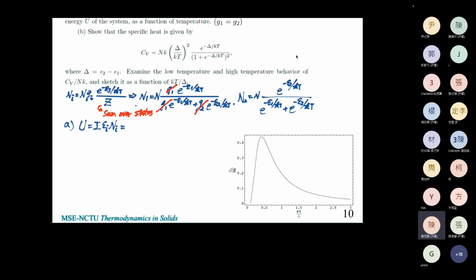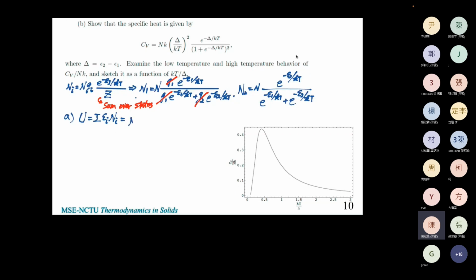So all you need to do is N exponential minus epsilon 1 kt plus exponential minus epsilon 2 kt.